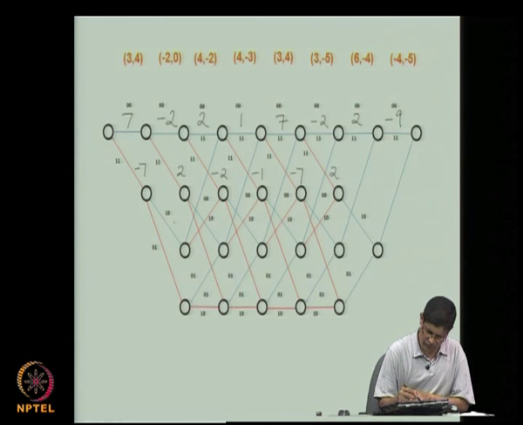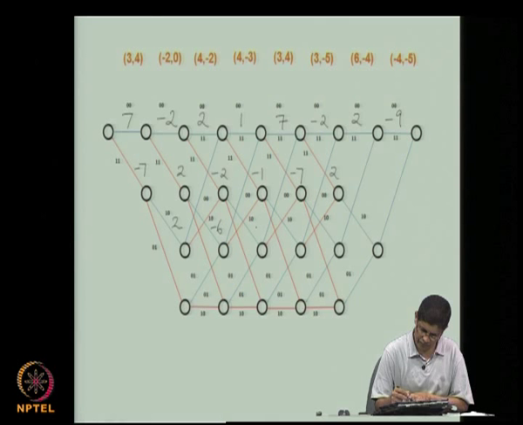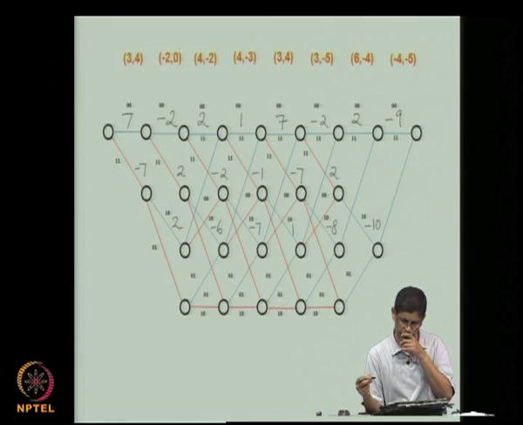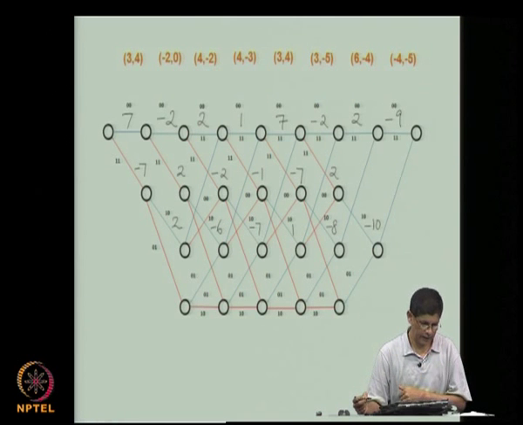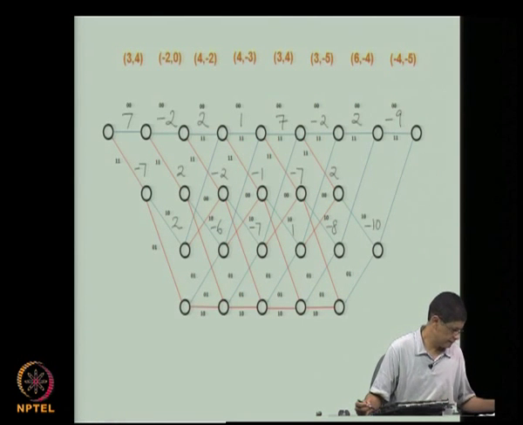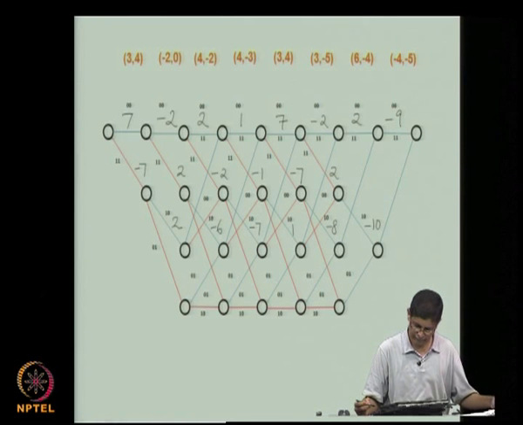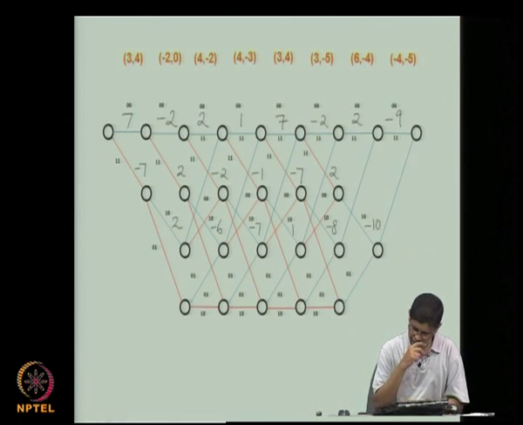So this will become 2, this will become minus 6, minus 7, 1, minus 8 and minus 10. There are 8 branches, so I have 5 more to go.